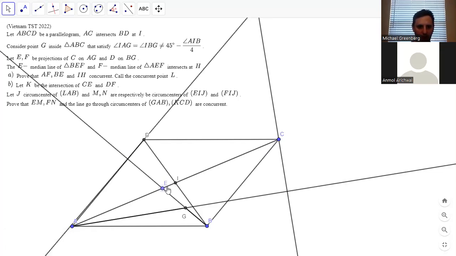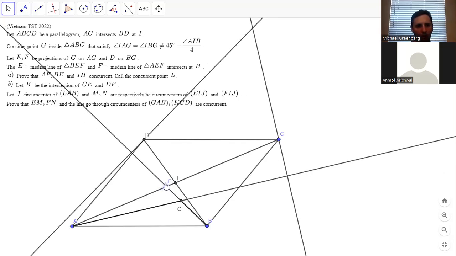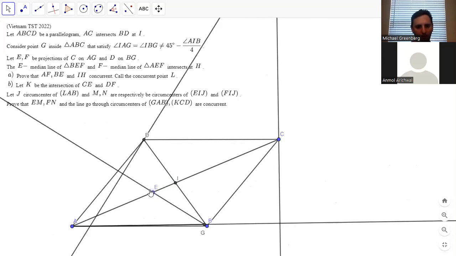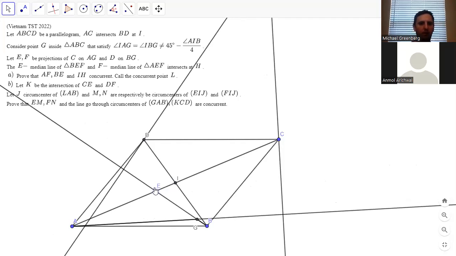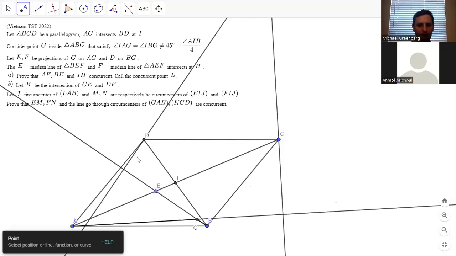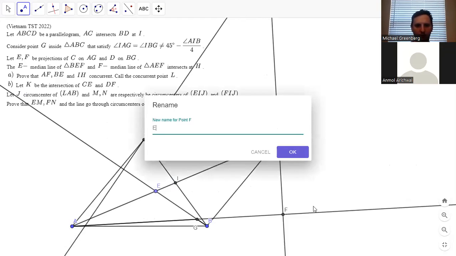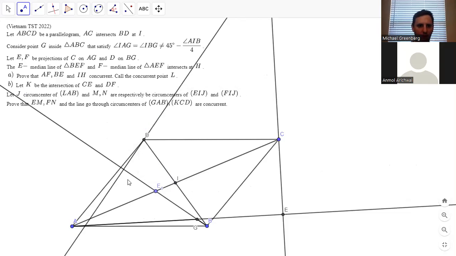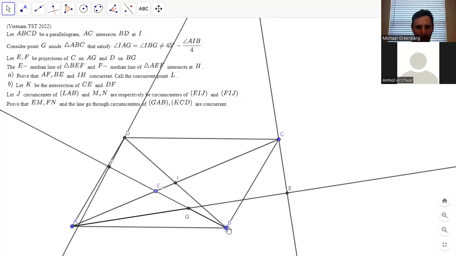See if we can make this look better. Oh, what was this? Let's just try this for now. So this should be E and this should be F. How do I make this look better?